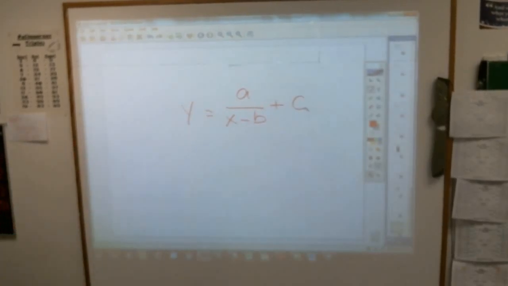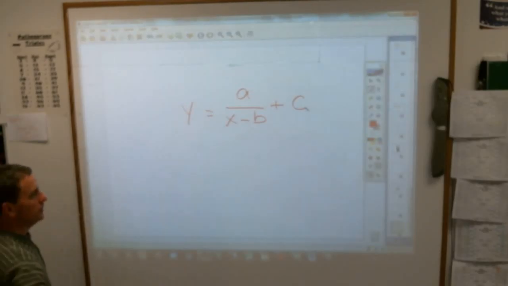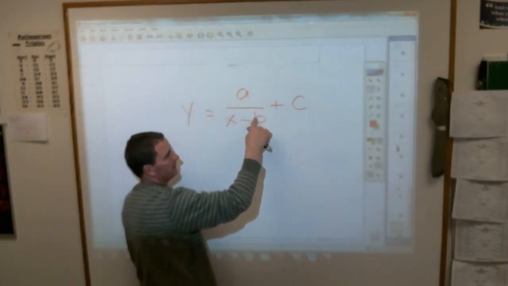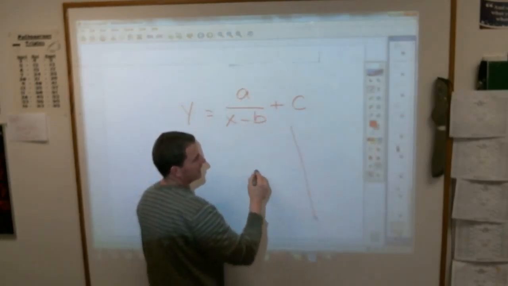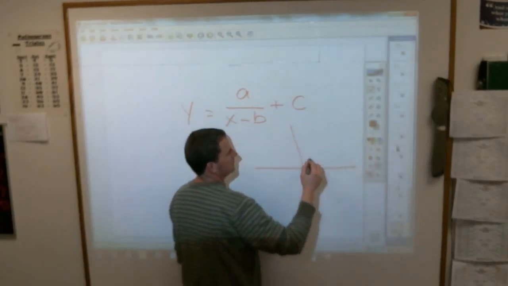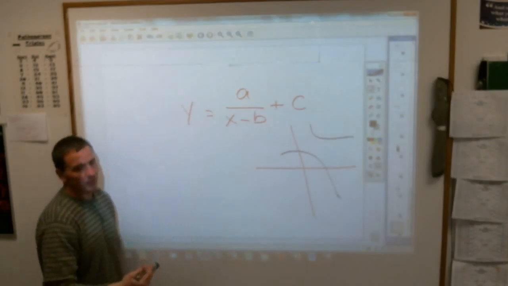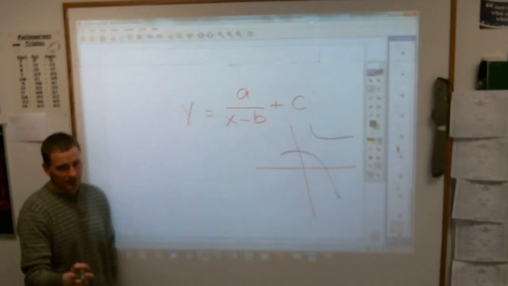Don't let all of those numbers fool you, because when you graph this, with numbers in for a, b, and c, you will still get some sort of this shape at some place on the graph. The problem is, where does that thing happen?